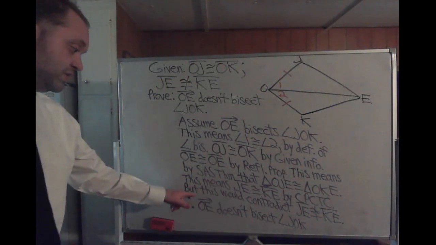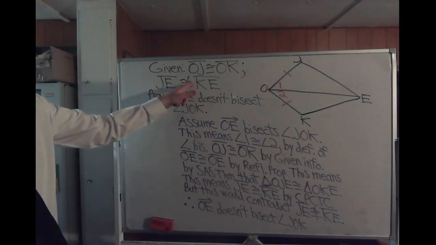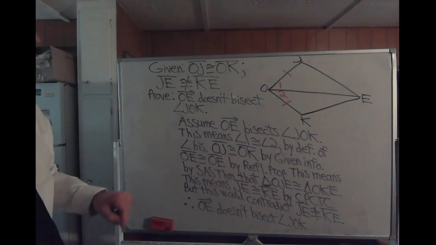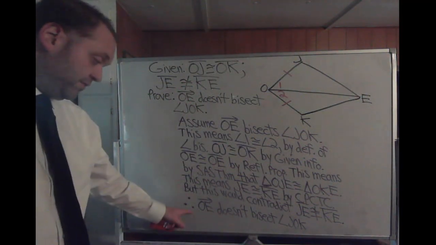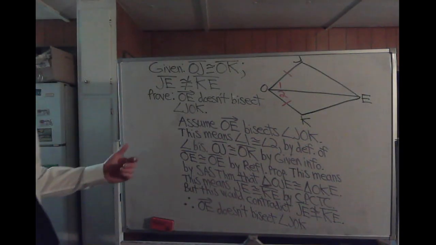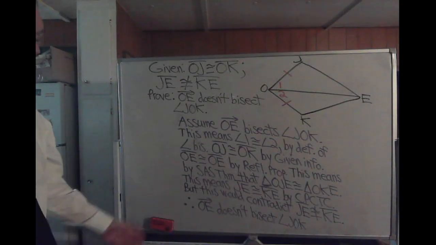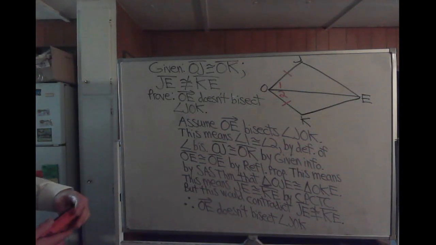However, this would contradict that JE is not congruent to KE. It contradicted given information. Therefore, ray OE doesn't bisect angle JOK. In other words, what we're seeking to prove must be true since we contradicted a given fact. That's all that's saying.